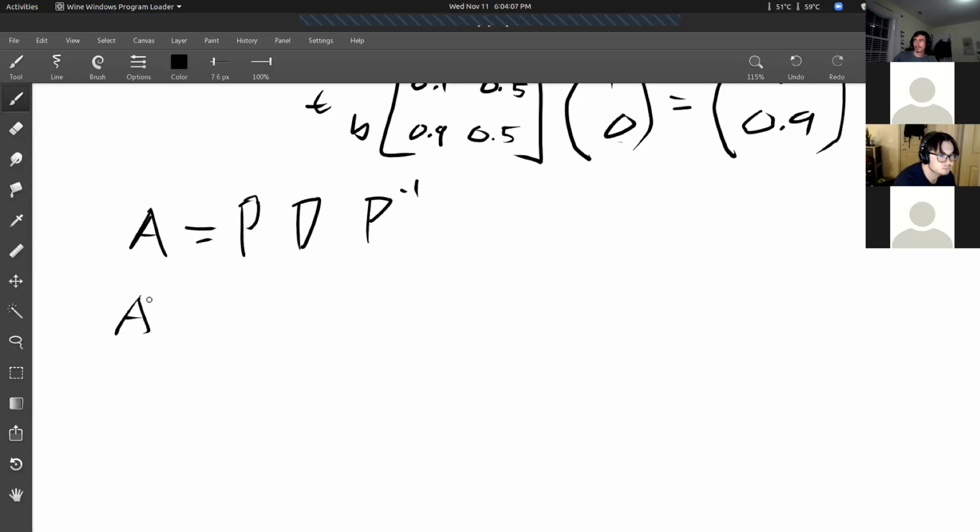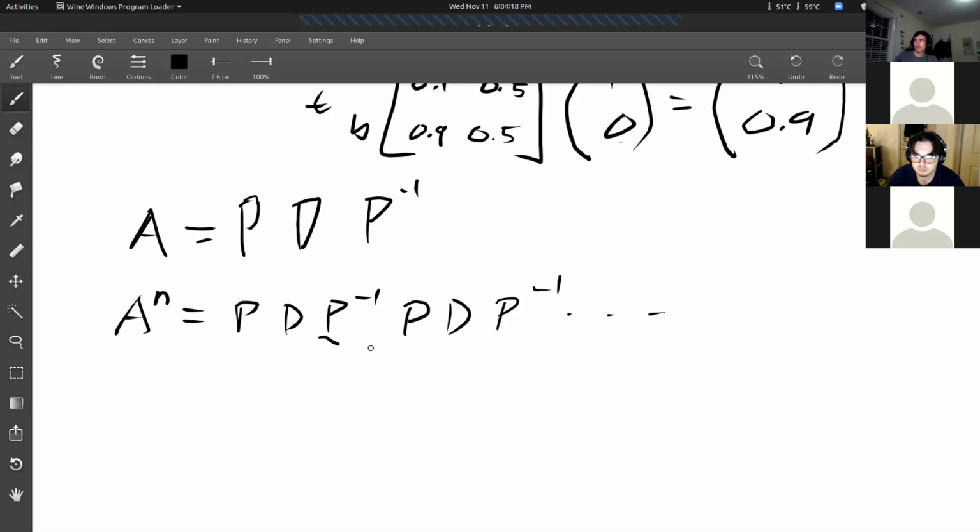So now A to the N, I can write as P D P inverse, P D P inverse, and so on, right? Well, if you look in the middle, I'm doing P inverse times P, which cancels itself out. That just becomes the identity, and the identity times anything is just that thing. So this is equal to P D to the N P inverse.